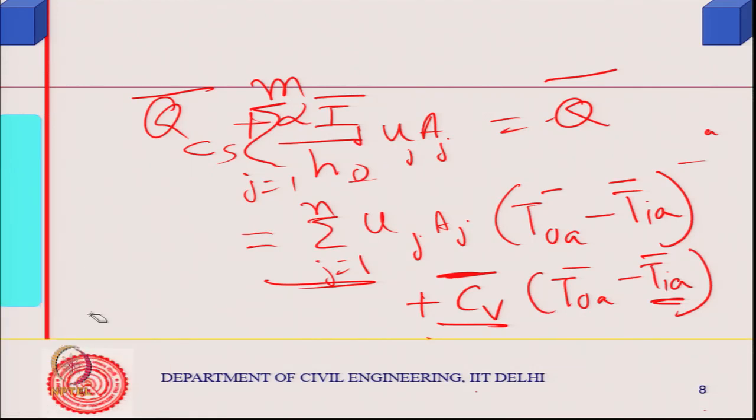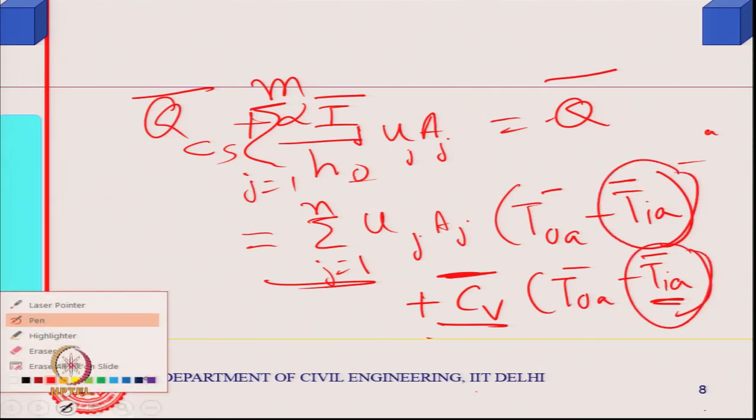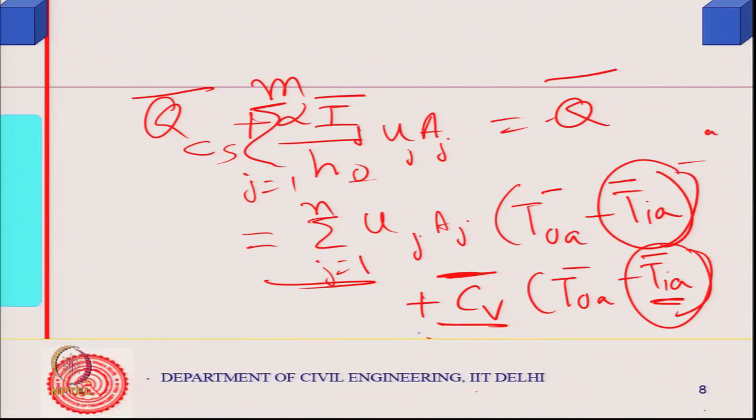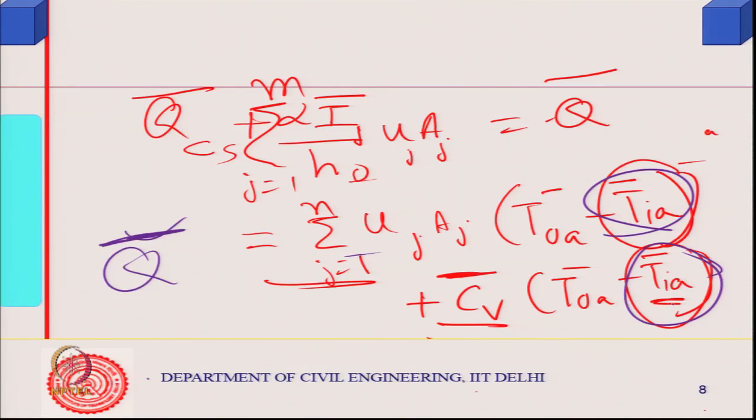Q bar equals this equation, and everything is known except this one, which is unknown. From this equation, Q bar equals this plus this, I can find out TIA algebraically, or TIA minus TOA, whatever it is.